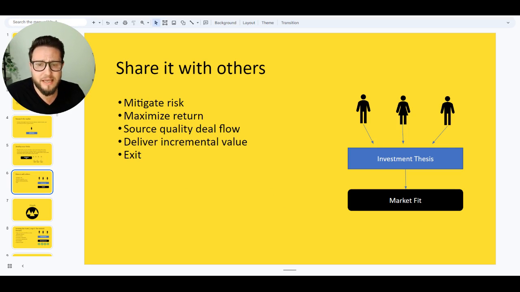And then you got to be able to say, can I source quality deal flow, right? Can I get the deals that I'm actually looking for to feed my thesis? And then when I do and I convert them, can I actually deliver? Go back to your skills, abilities, traits, your working infrastructure, your factors of production of doing this business of investing in others. Can I deliver value? Can I deliver incremental value?